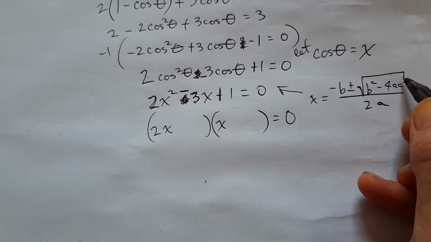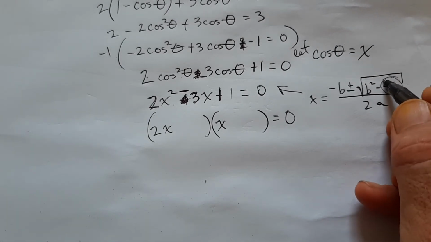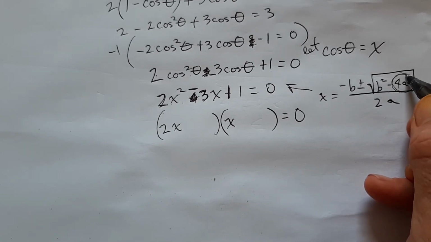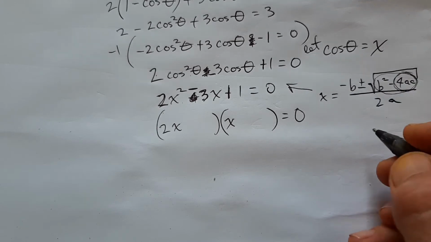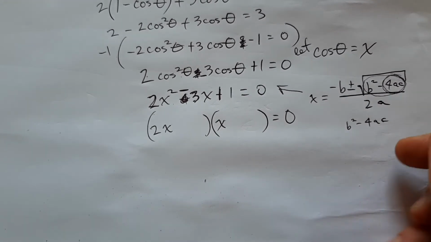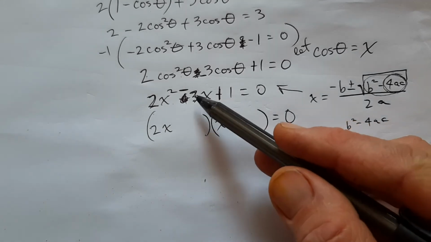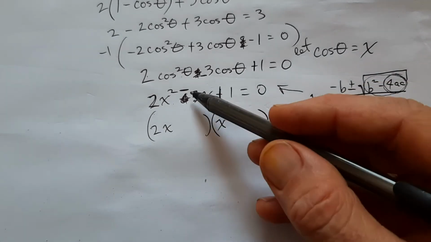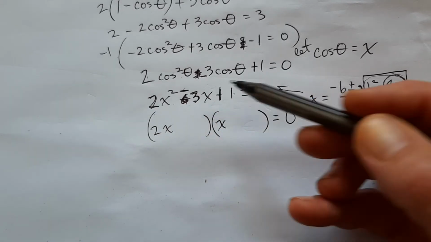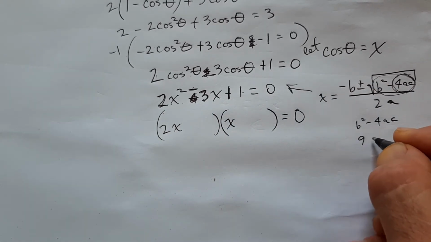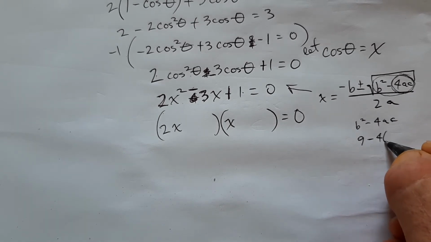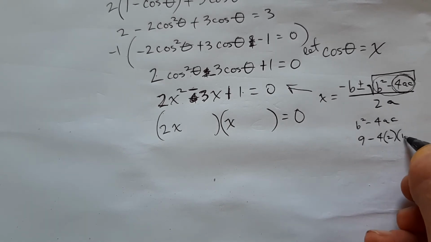So if I take this right here, this 4ac, or do I take it all? B squared minus 4ac. Let's go with b squared minus 4ac. All right, so remember it's a, b, and c. So b squared would be 9 minus 4 times 2 times 1.